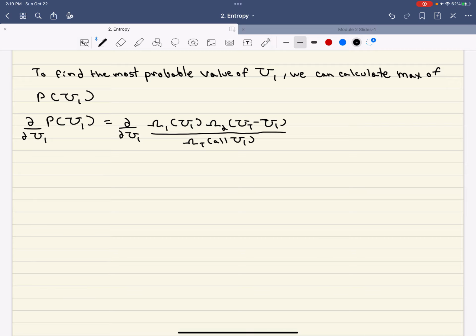Alright, and if we're trying to find the maximum, then we want this derivative to be equal to 0.